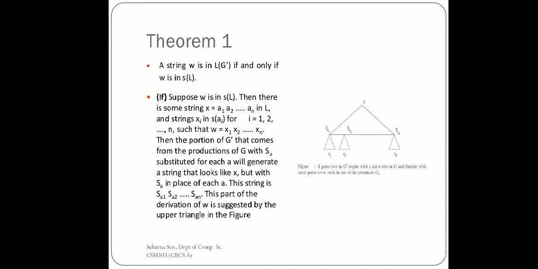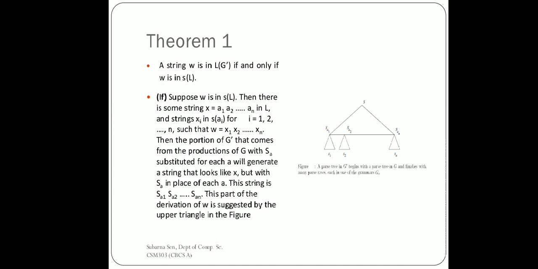If we can prove that this string W is in the language we achieved after substitution, then only our string will be in L(G dashed), right? So how is that possible? It is possible if we suppose W is in S(L).